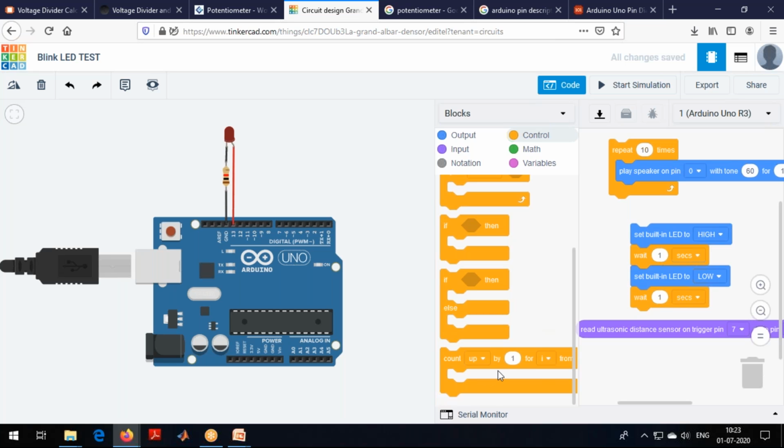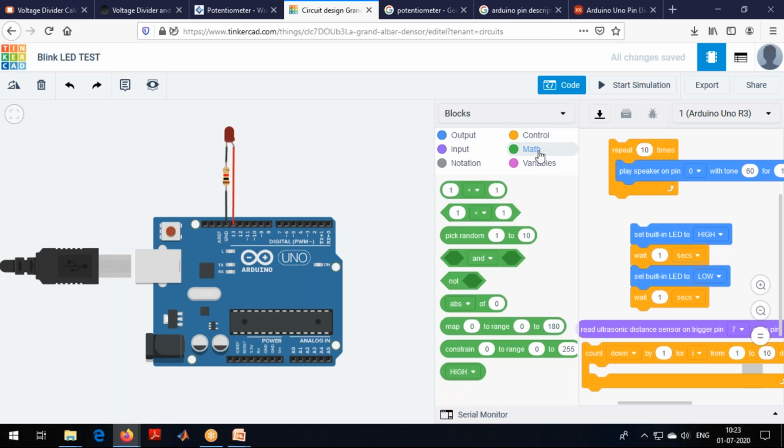Okay, count up, count down, these are another instructions. Count up, maybe for example, I want to keep on incrementing. Okay, so I can say count up by 1, a particular variable. So these things will be clear when we actually utilize those things. Similarly, we have some mathematical operations. Okay, for subtraction, you want to do subtraction, multiplication, division, remainder, finding, power.